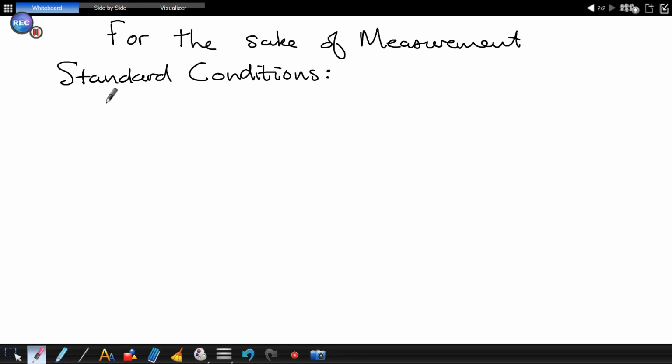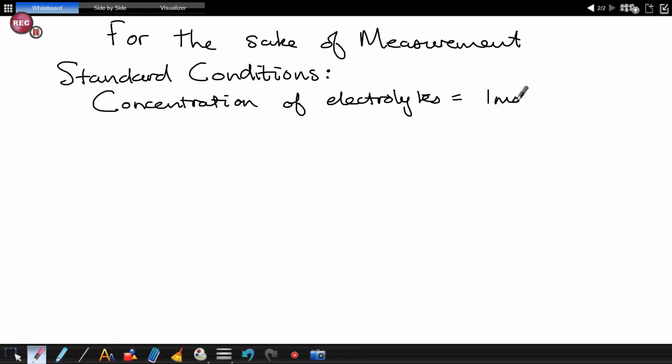The concentration of electrolytes must be 1 mole per cubic decimeter. And you'll see just now why I'm talking about the standard conditions for voltaic cells.